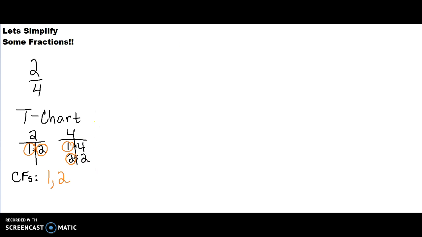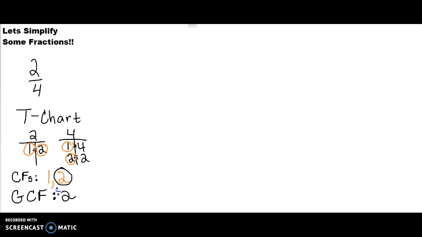Now I need to find the greatest common factor, which for this one is the 2. Now what I like to do is take the division symbol and put it right here, because this is the number that you're going to divide your numerator and your denominator by.